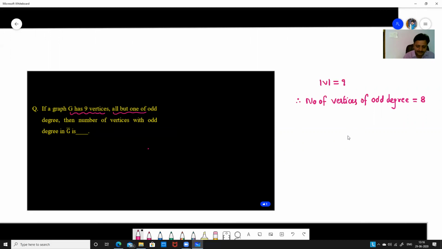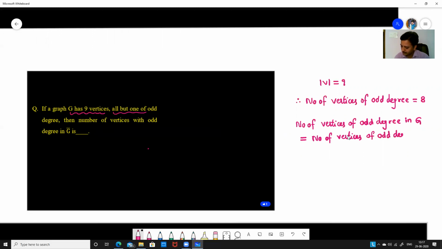Then the number of vertices with odd degree in G bar. Remember the basic principle: the number of vertices of odd degree in G is always equal to the number of vertices of odd degree in G bar.